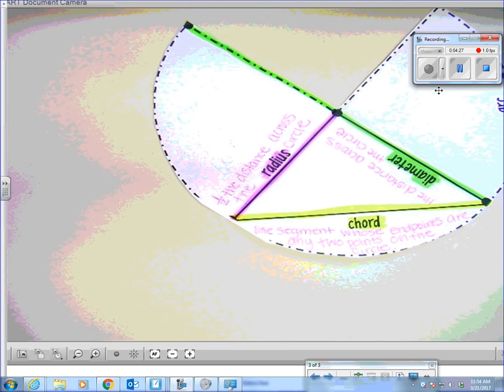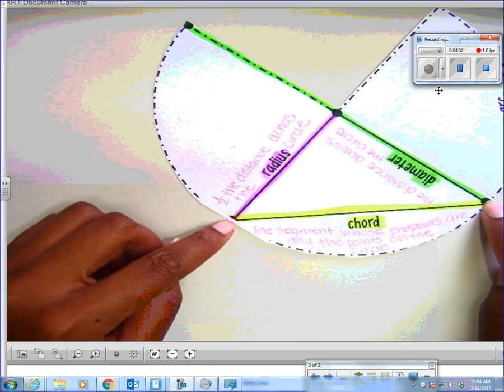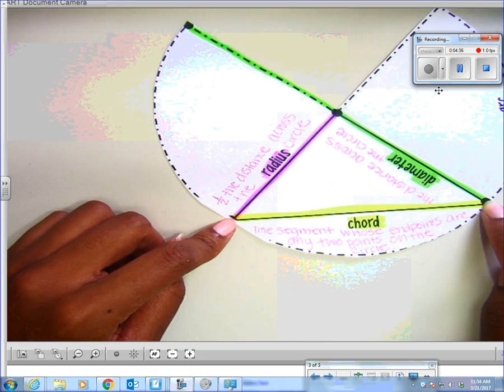So a chord is a line segment whose endpoints are any 2 points on the circle. So for example, here and here, the endpoints of the yellow line are on the edge of the circle.